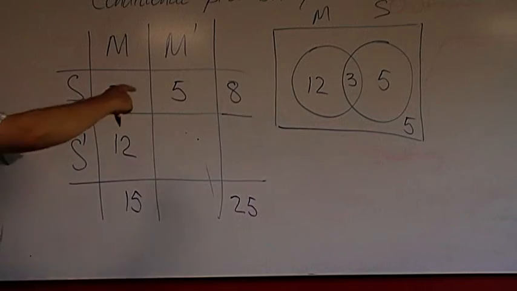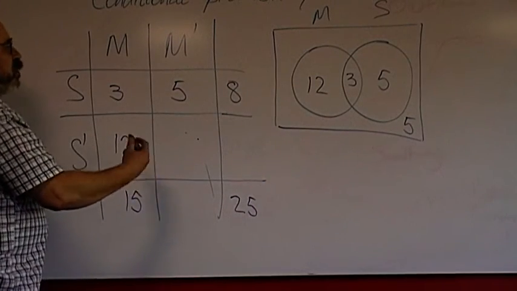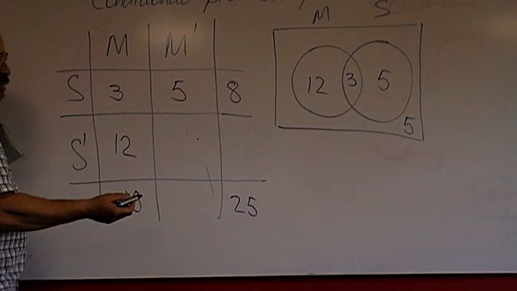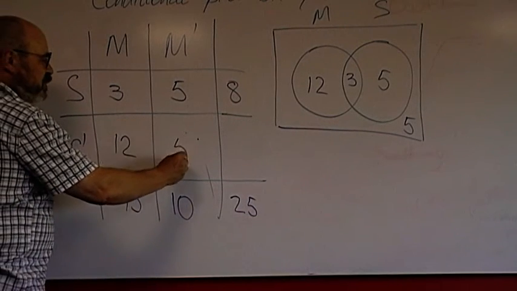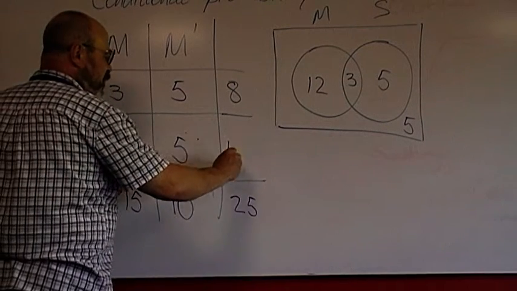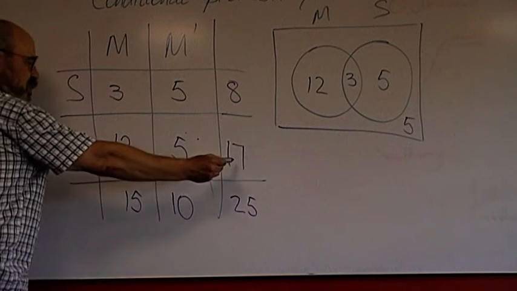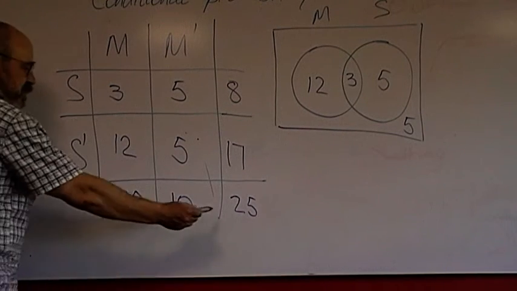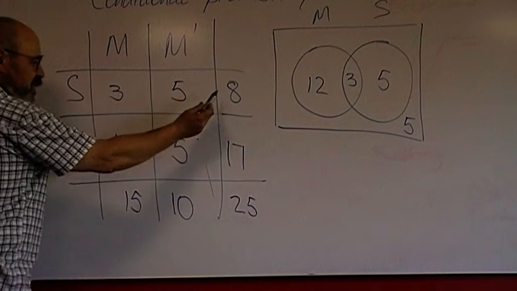So not doing math: there are 15 students doing math, so how many are not doing math? 10. So we have 5 students not doing math and not doing science. So we have 17 here. All numbers should add up. Horizontally this should add up to 8, this should add up to 17, this adds up to 25, and vertically they should add up as well.